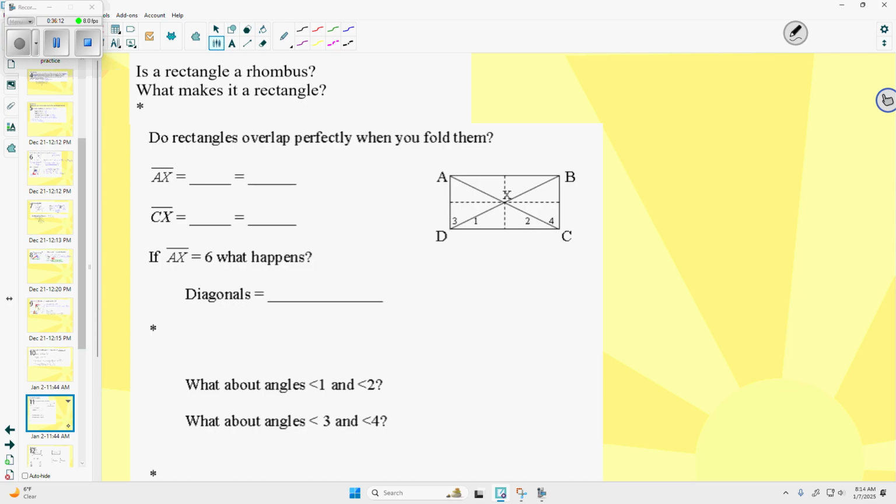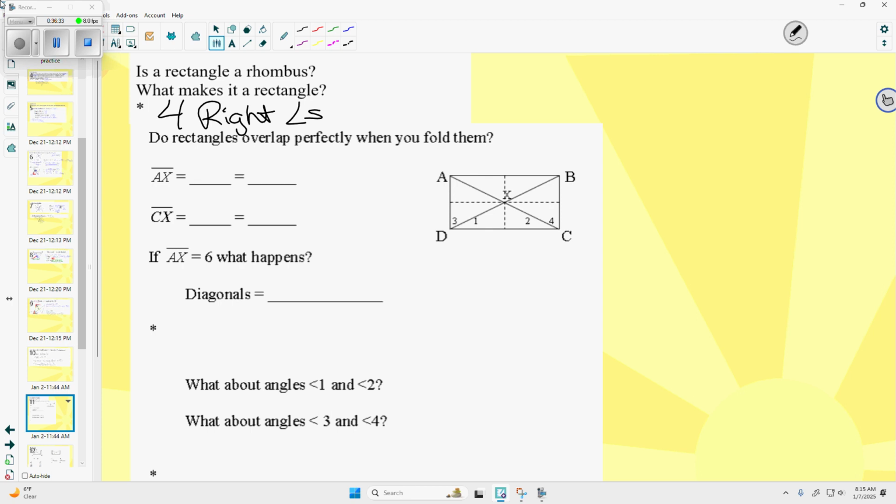All the angles are 90 degrees. Okay, we're going to go back and answer that rectangle or rhombus question in a moment. But I wanted to make sure we had down what makes a rectangle: it has 4 right angles.